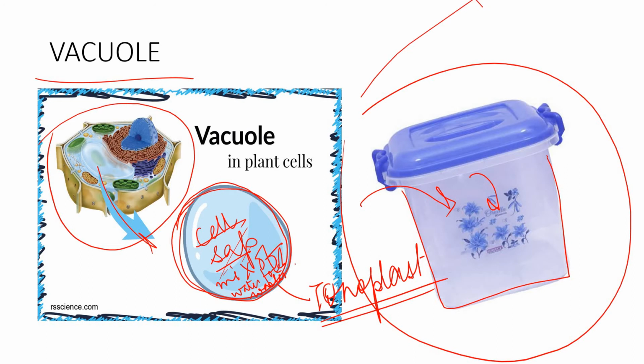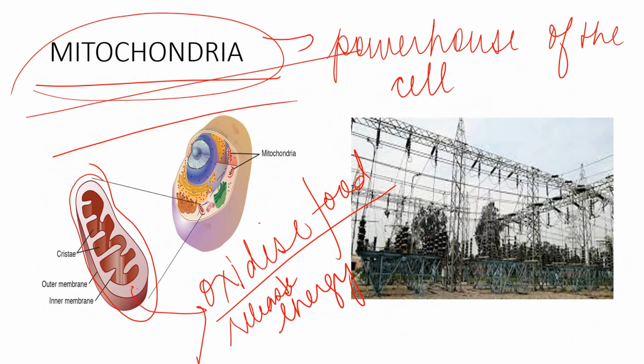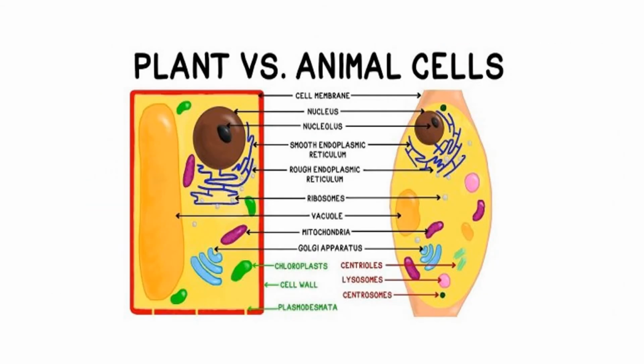Plant cells have large vacuoles, whereas animal cells either do not have vacuoles or have very small vacuoles. This is actually the picture of a plant cell, vacuole in plant cell. Plant cells will always have a very big vacuole, whereas in animal cells the vacuoles will be very small. Let me show you this picture. See, this is the vacuole, this is the plant cell, and this is the animal cell.